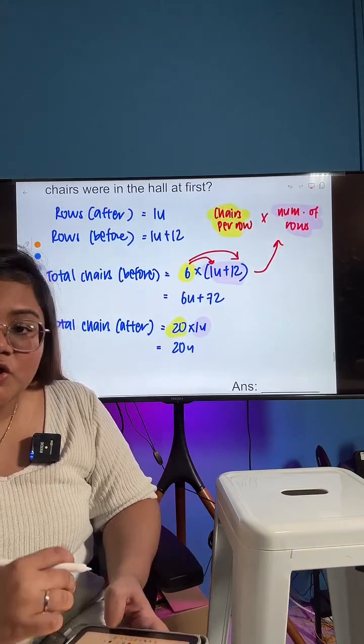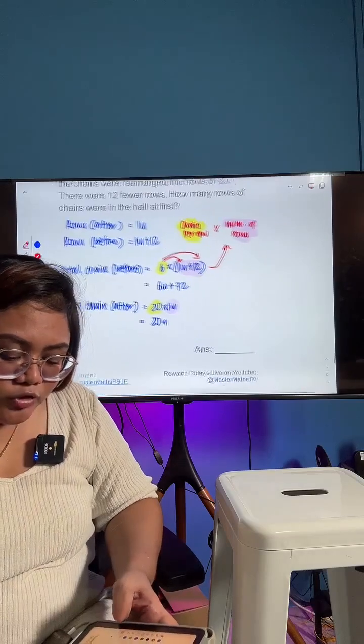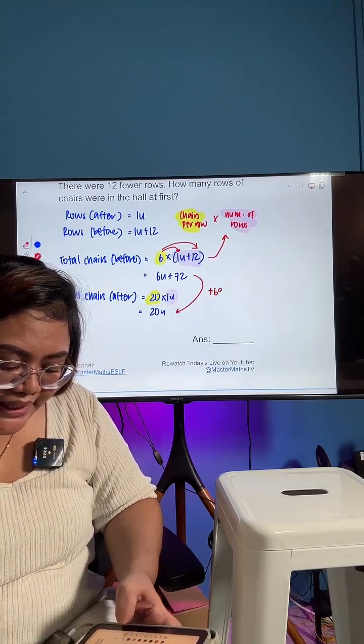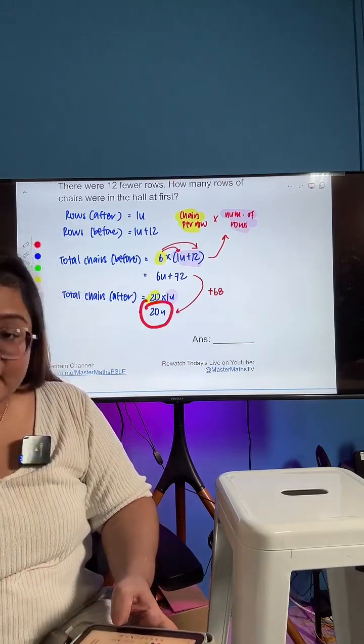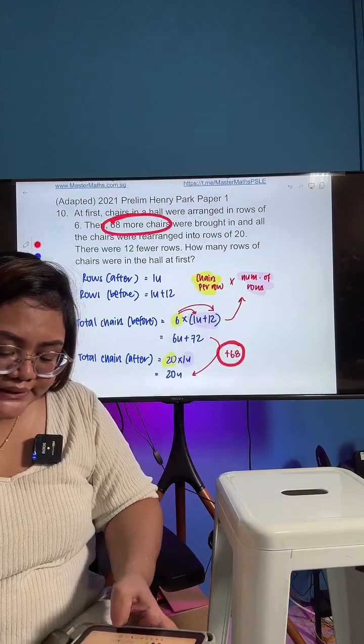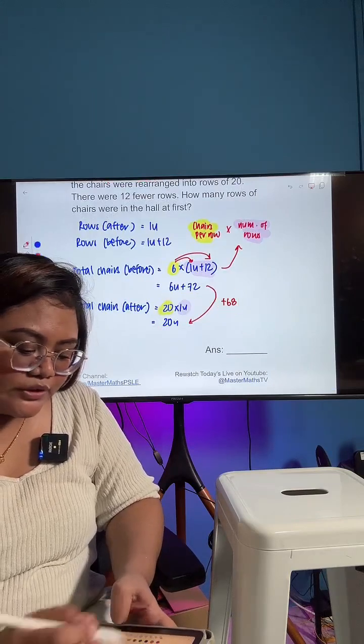From here, I know that to the total chairs before, I add 68, I get 20 units, the total chairs after, because I added another 68 chairs. So 6 units plus 72 plus 68 to give us 20 units.